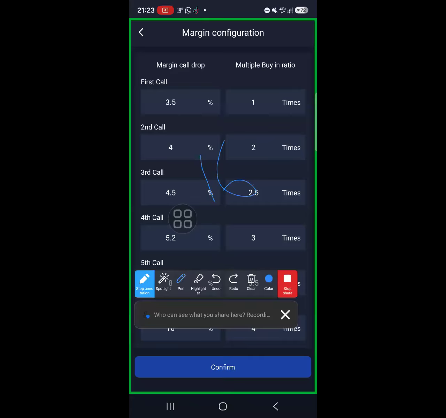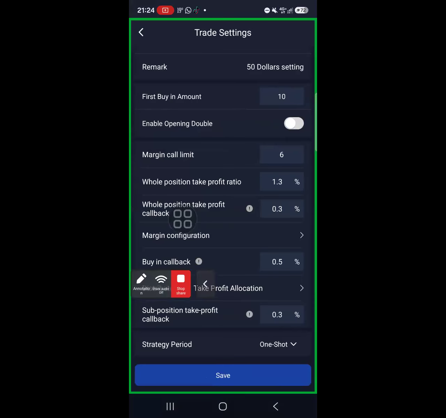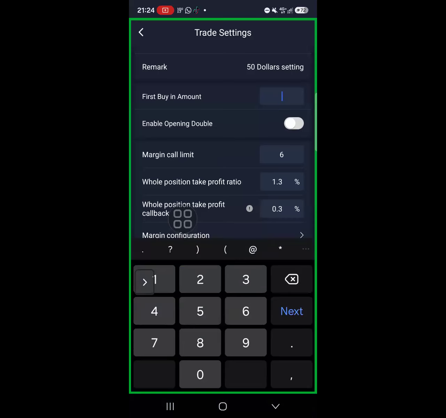Okay? Now, how much was our first buying amount? It was what? It was 20. But when it buys the margin calls, let's adjust now. Let's remove the 20 here. If we are going to put 10, remember we are left with $80.